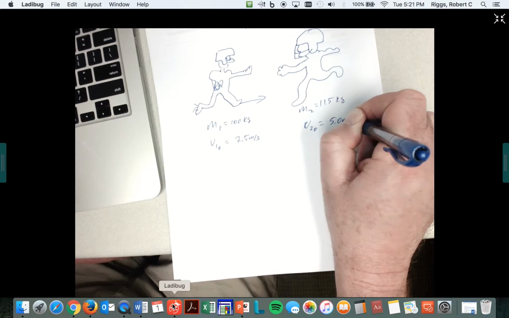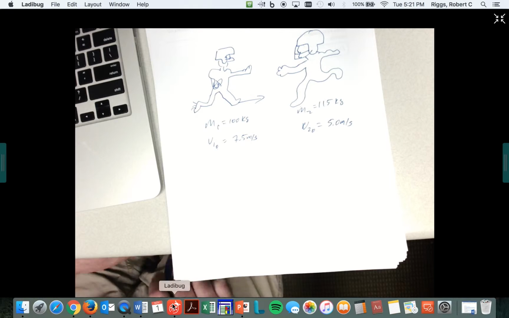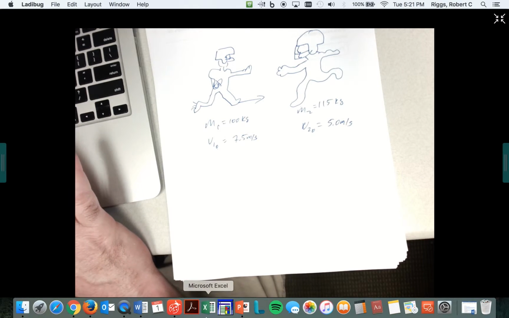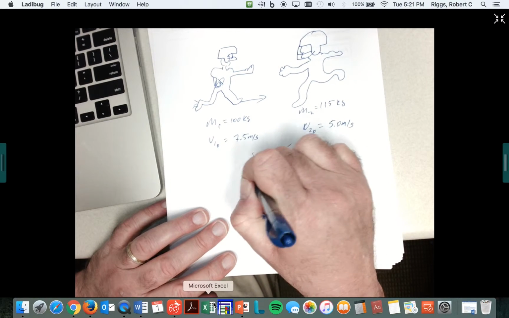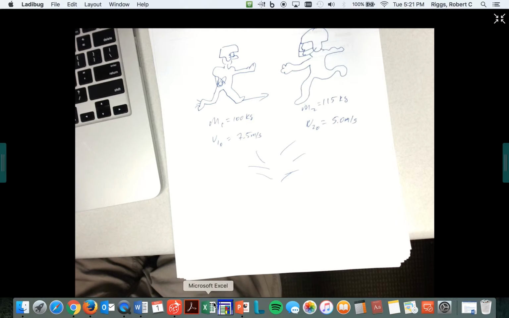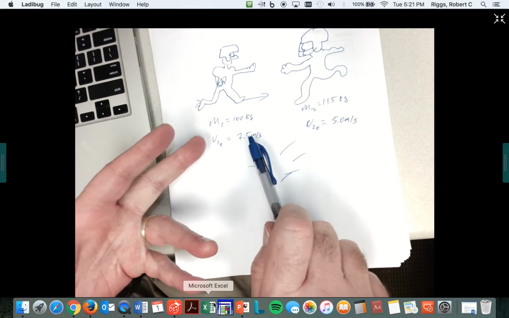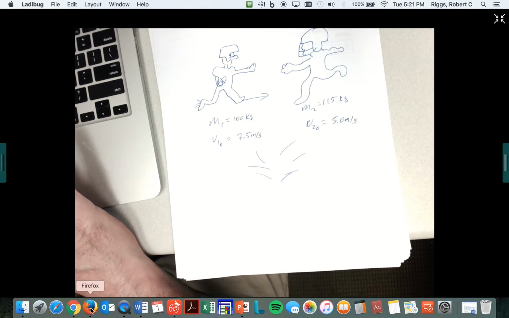And this is how we do this in physics. Notice these subscripts: velocity 1, 0; velocity 2, 0. All right, now, they're going to smack into each other. Okay? Now, what do you think is going to happen? 100 kilograms, 7.5. 115, 5. I wonder what's going to happen. Let's see.